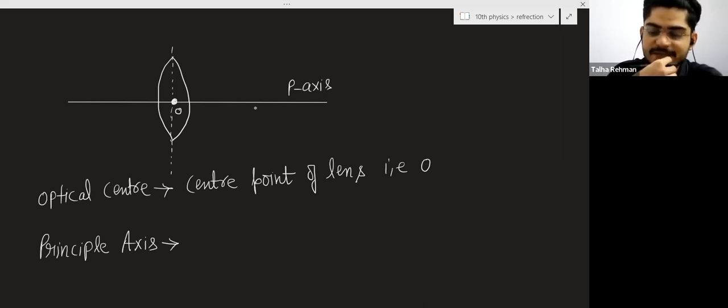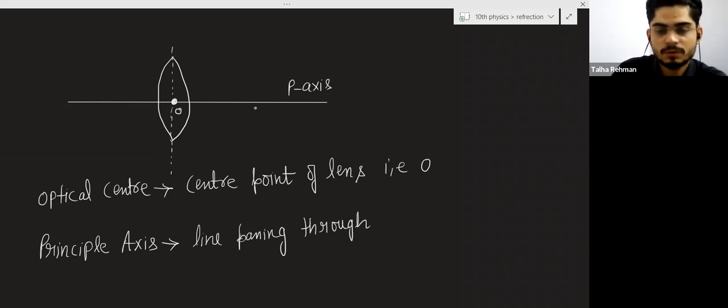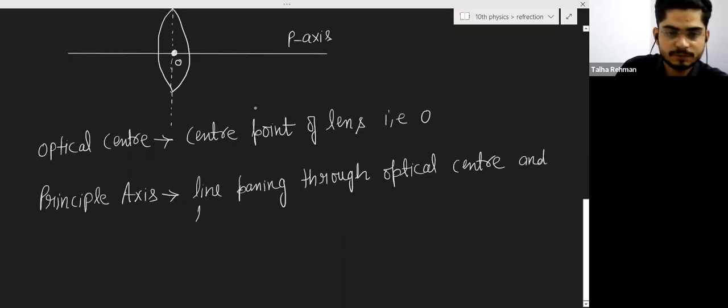The principal axis of a lens, you can write: line passing through optical center and perpendicular to both the surfaces.